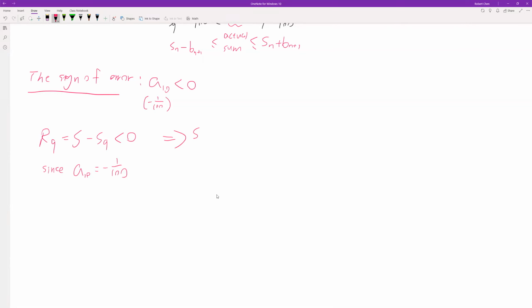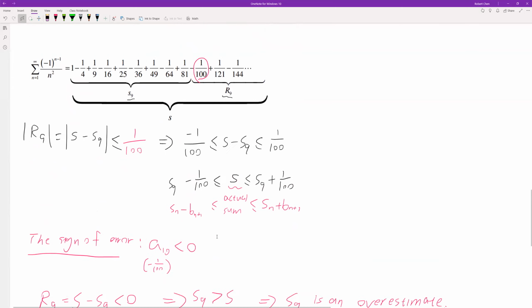That means S9 is greater than S. The partial sum is going to be greater than the actual sum. That means S9 is an overestimate. So pretty easy, right?